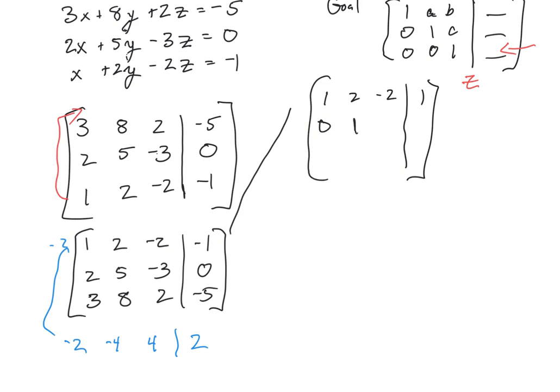Then I have 4 and -3, also a +1. And then 2 and 0 added together is 2. Now, double bonus here. Not only did I get rid of the 0, but this is now 1. And again, my goal is 1, 1, and then the third one is a 1. I still have my third equation there, 3, 8, 2, -5.